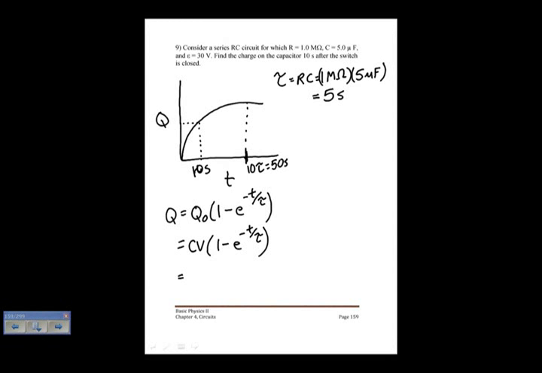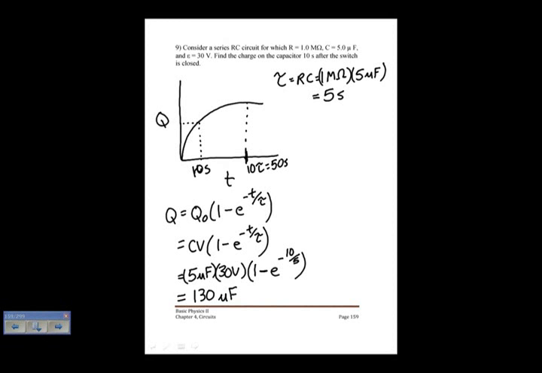And this is 5 microfarads, my capacitance, times 30 volts, times 1 minus e to the minus 10 over 5. And you plug that in, and you find that it's equal to 130.